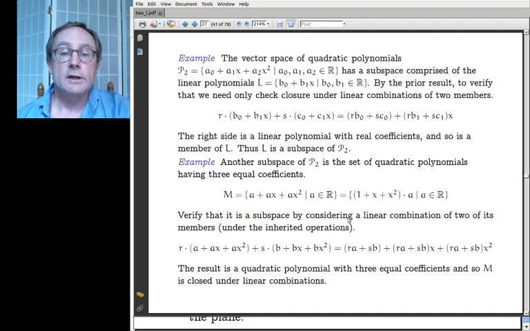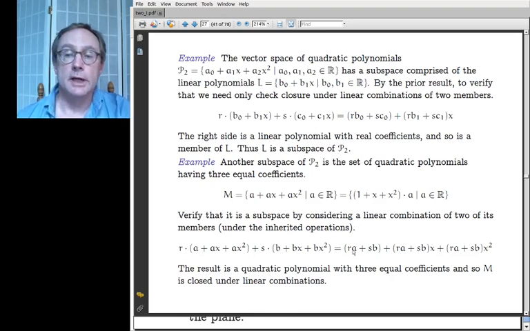To check that this collection is a subspace, all I've got to do is check that it's closed under linear combinations of 2. I'm not going to do 3 because I don't need 3. I can get away with 2. So r times one of them plus s times one of them. Of course, it doesn't have to be A, A, A in both cases; it might be AAA and BBB. When you do the algebra, it's not hard.